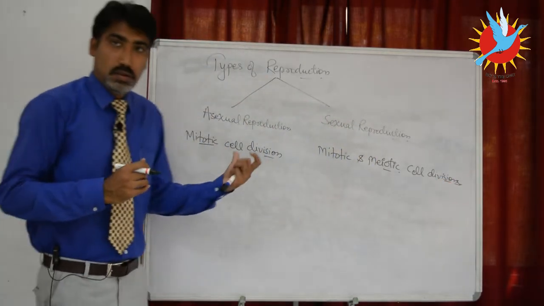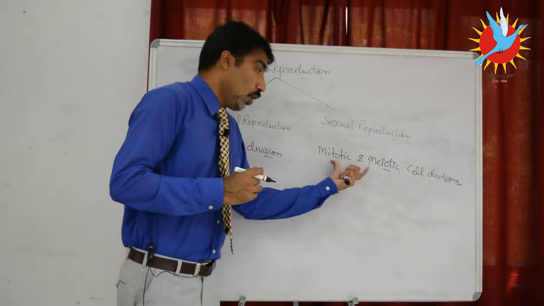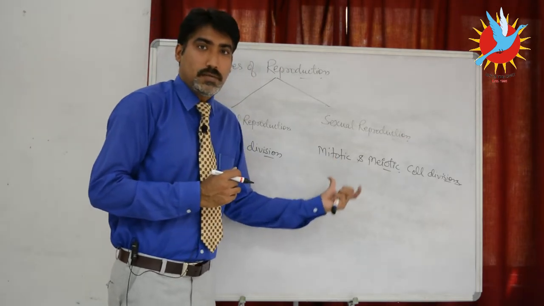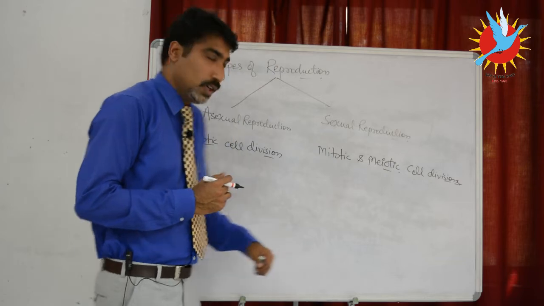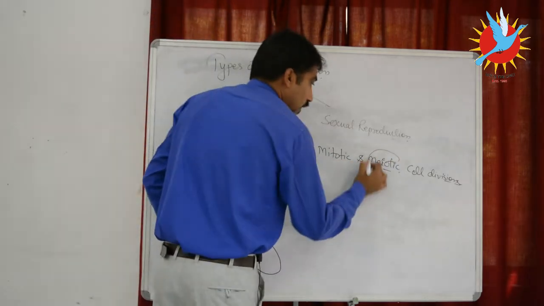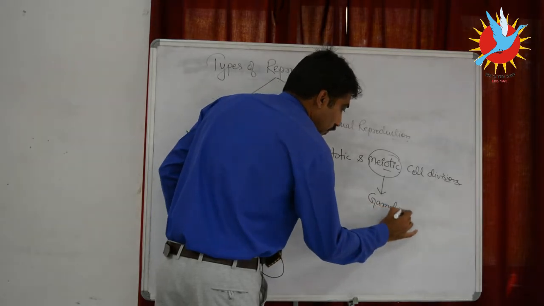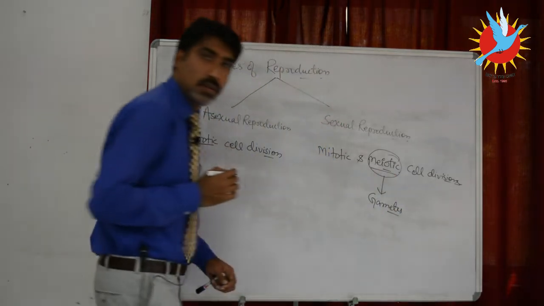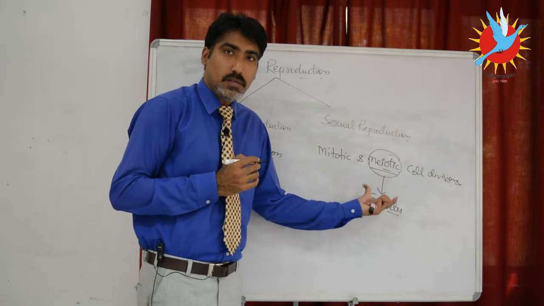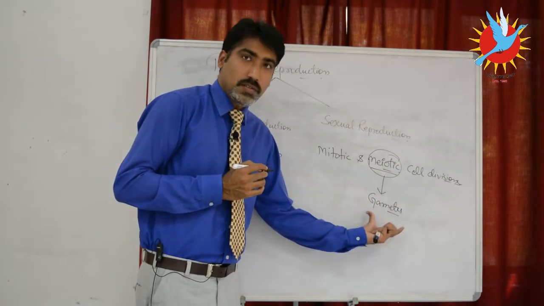Let me discuss how these two types of cell divisions are involved during the sexual reproduction. You know very well that gametes are produced by meiosis. So here the meiotic cell division is involved for the formation of gametes.